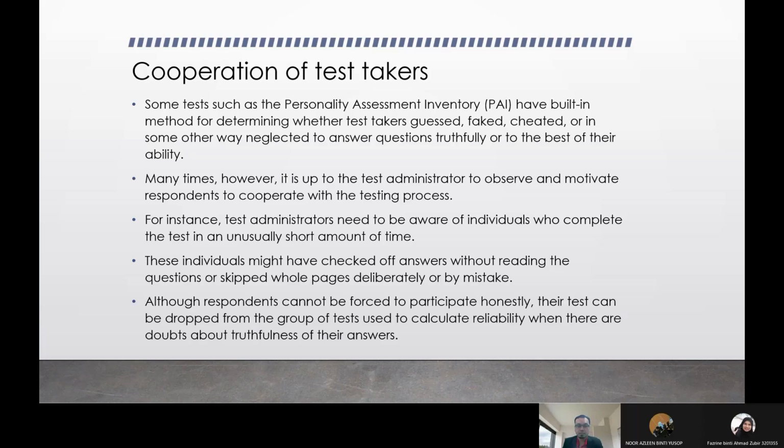For instance, test administrators need to be aware of individuals who complete the test in an unusually short amount of time. This individual might have checked off answers without reading the questions or skipped whole pages deliberately or by mistake. Although respondents cannot be forced to participate honestly, their tests can be dropped from the group of tests used to calculate reliability when there are doubts about the truthfulness of their answers.